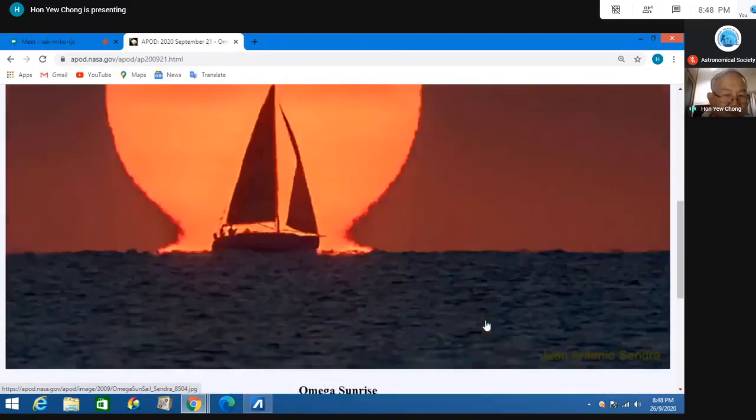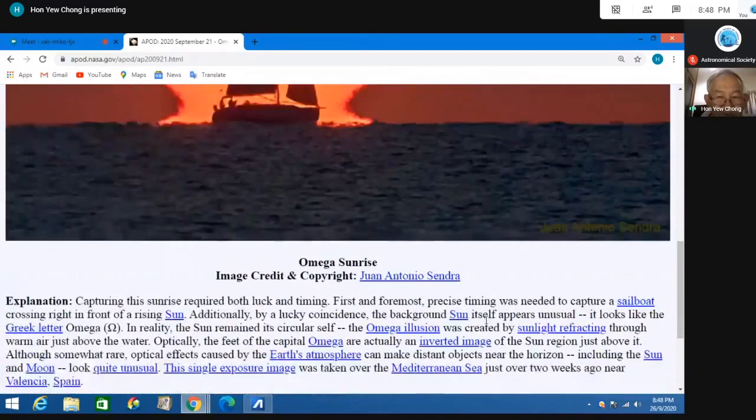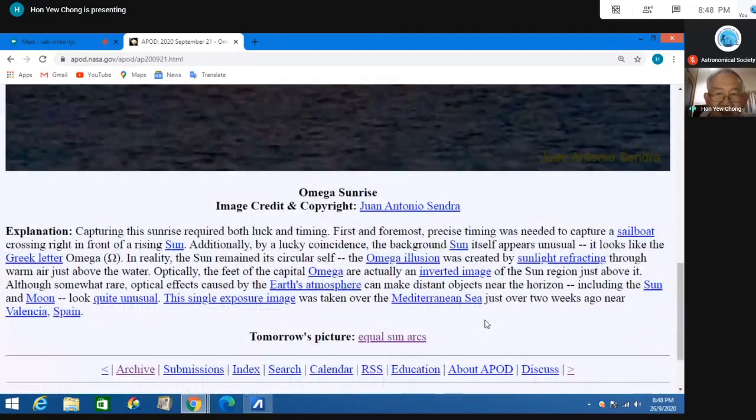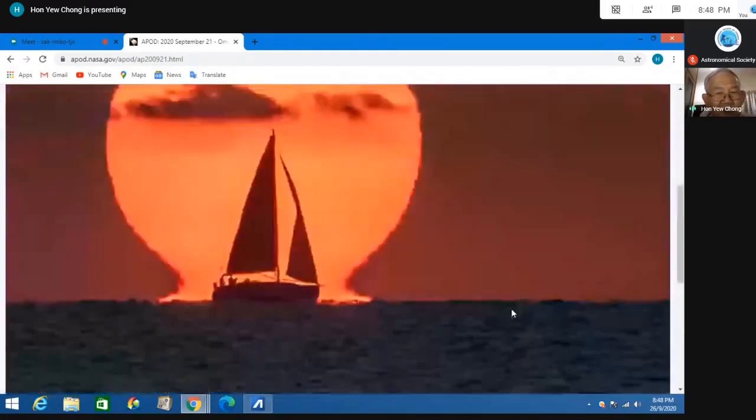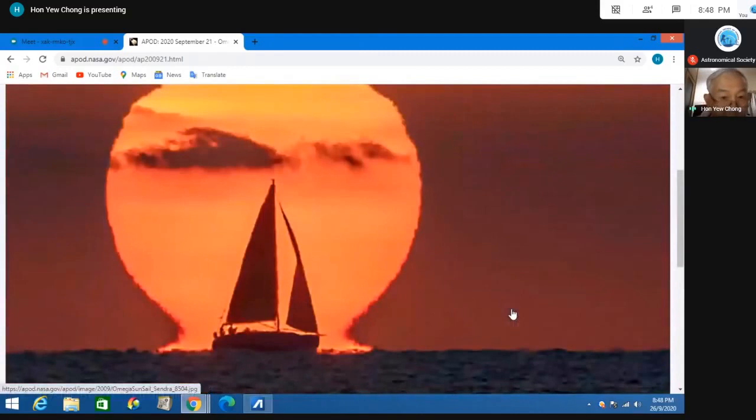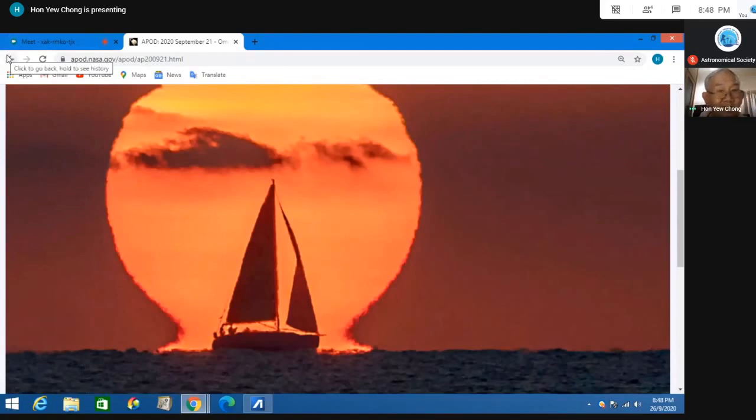So it's the Omega effect. All right, Omega sunrise, taken by Juan Antonio Sandra from Valencia, looking at the east. Morning sunrise, very nice. Okay, and this is taken from what? A single exposure on the camera. No tracking, no processing. All right, single picture, very nice. Lucky, yeah.